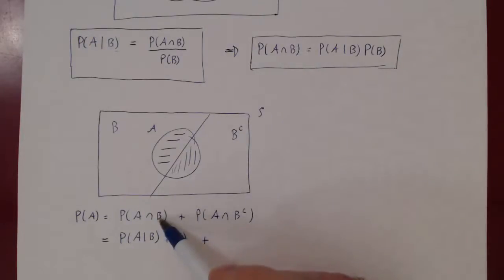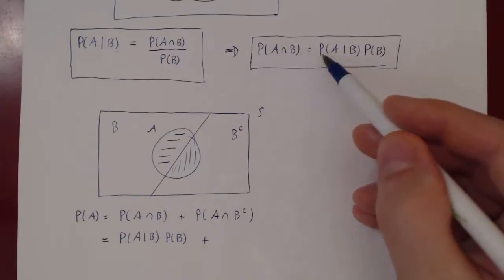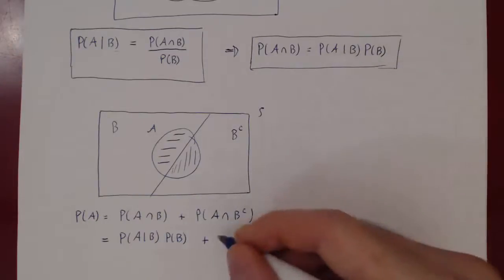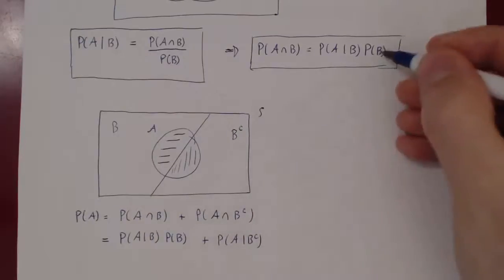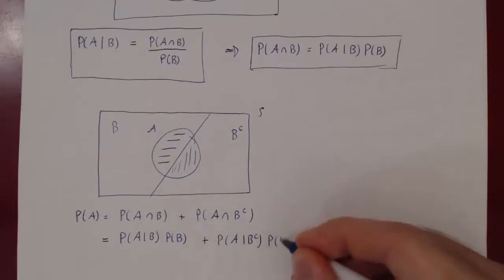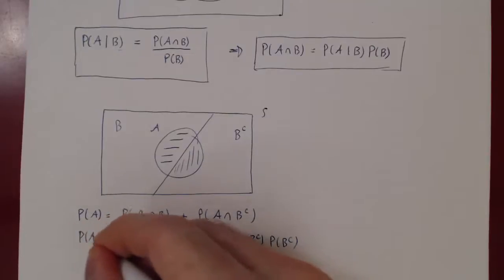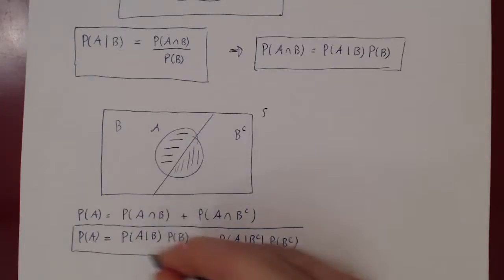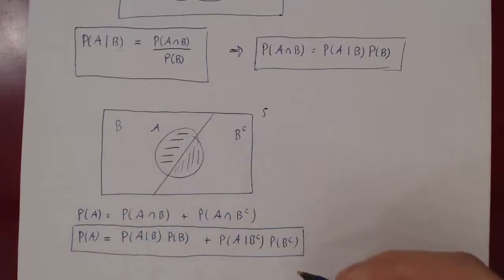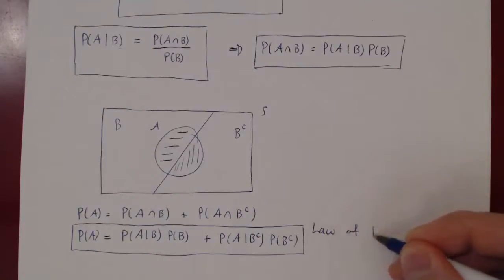Here we are replacing B by B complement. So P of A intersects B complement will be P of A given B complement times P of B complement. And that's equal to P of A. And this result is called the law of total probability.